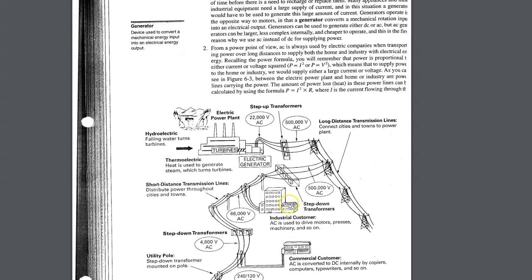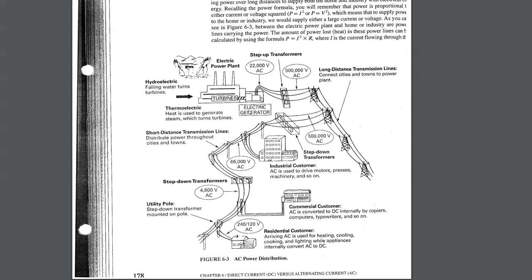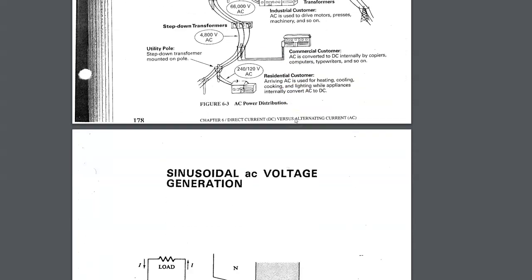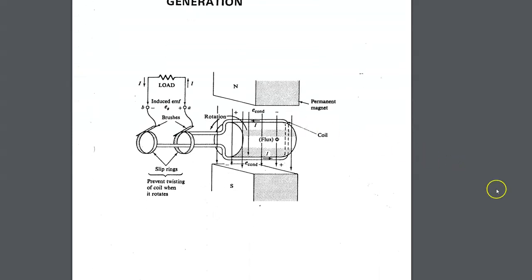So when you get a chance, go back and read sections 1 and 2 here, and it will give you a little bit more information. I think it's more concrete when you can actually see the picture. I mentioned the generator, a rotating machine, and I tried to describe this in the lecture. I don't know how good of a job I did, but I think this picture is clear.